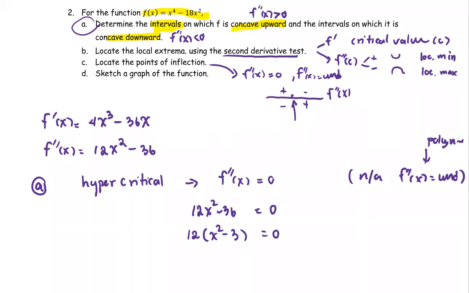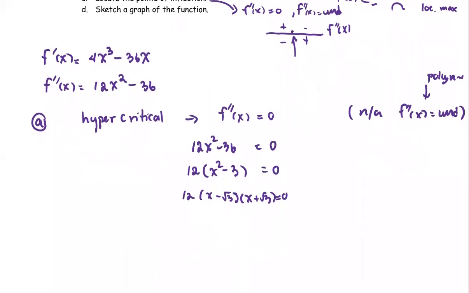With x squared minus 3, if you factor more, it's going to be x minus square root 3 times x plus square root 3. If you want to use the square root method, make sure you include the plus and minus sign. With this, we get the answers x equals square root 3 and x equals negative square root 3. So we have two critical points.